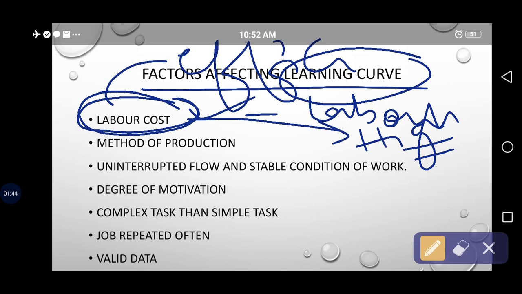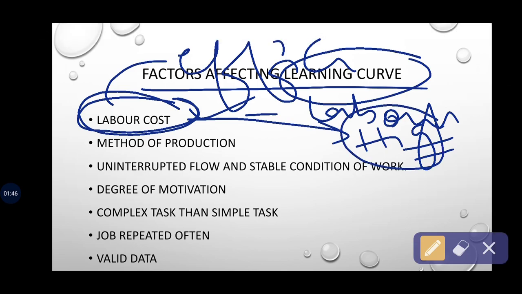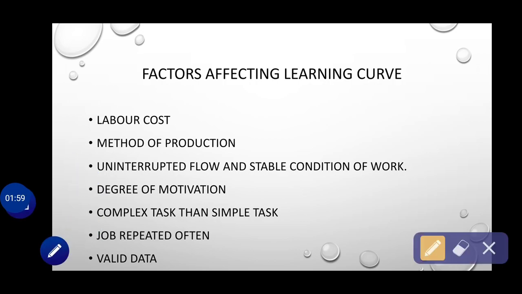He will do that work because he will get a reasonable amount of wages, which he can use for his daily life, for family, etc. He will be encouraged to do that work more efficiently.